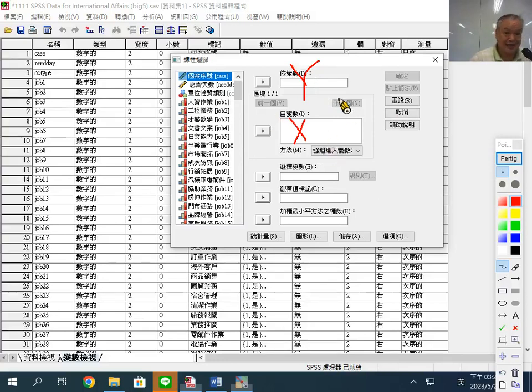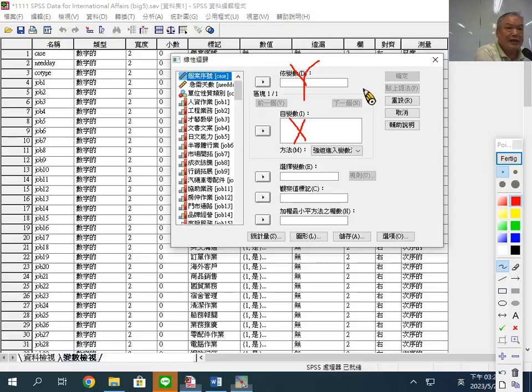Remember that, okay? So it must have a ranking hierarchy, at least. You can use 1, 2, 3, 4, 5 to make the difference. So there must be some sort of difference in terms of ranking, at least. Remember, at least. So you cannot use nominal variables to conduct this kind of simple linear regression.